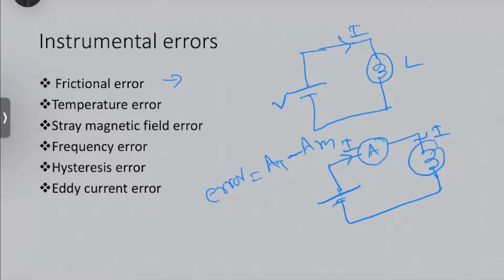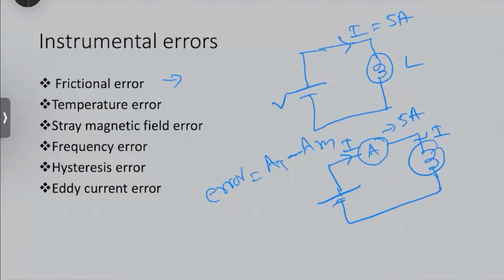Let's take this light load is taking some current of 5 amperes. Actually, it is taking 5 amperes. After connecting the ammeter, if it is an ideal ammeter, it has to show 5 amperes. Ideal means it does not have any losses or any defects inside. If you assume those conditions, then our ammeter is going to show 5 amperes.